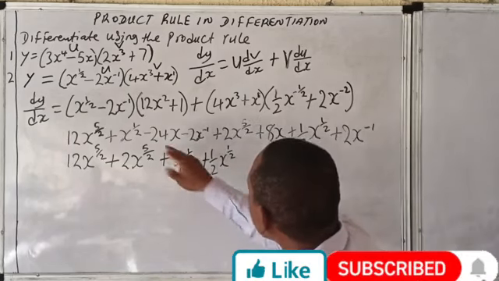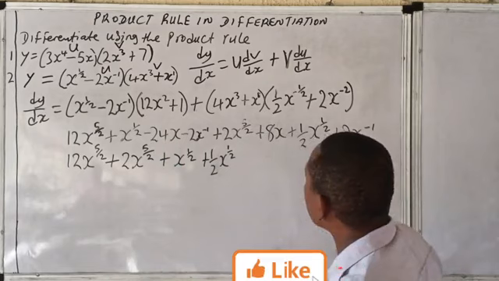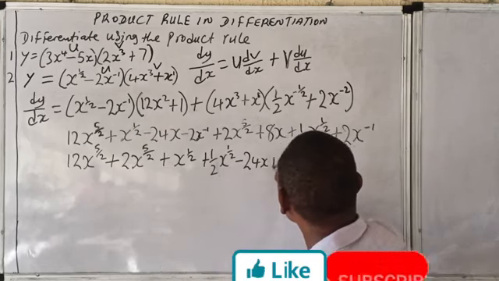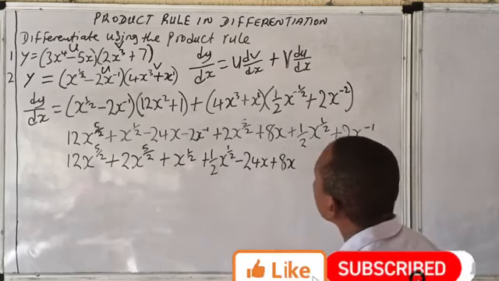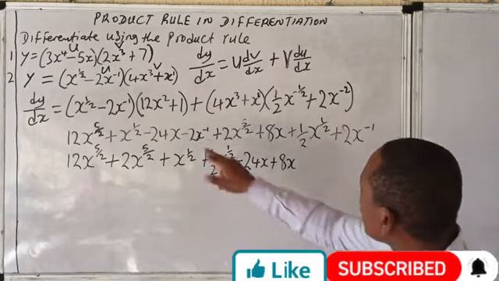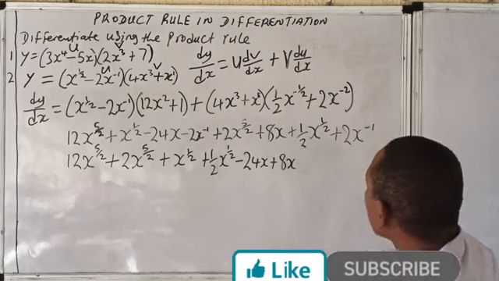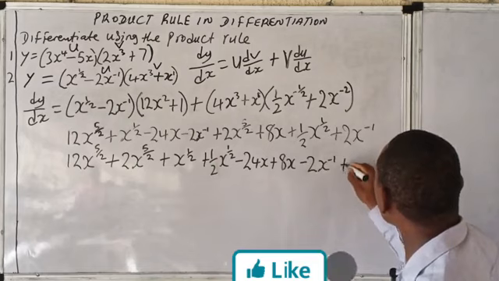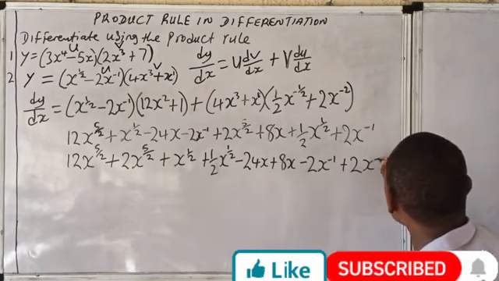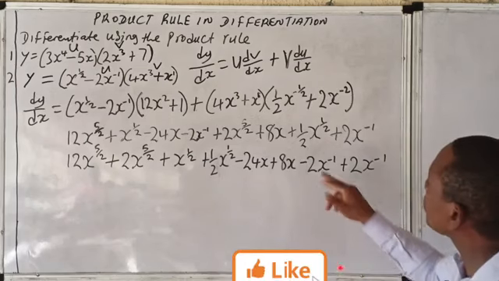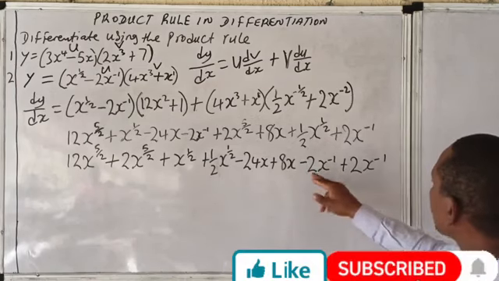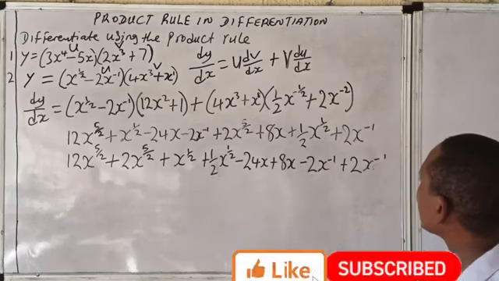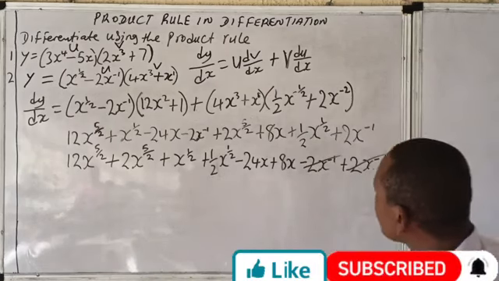Which other one is alike? This and this, they are alike. So we now have minus 24x plus 8x. And the last one, this and this, they are alike. So we now have minus 2x raised to power minus 1 plus 2x raised to power minus 1. Now, if you notice, minus 2 plus 2 will give you 0. So this automatically will cancel out this.